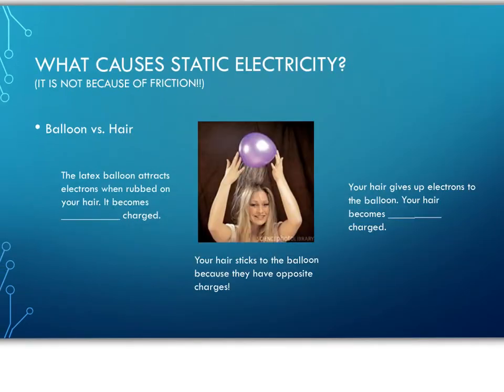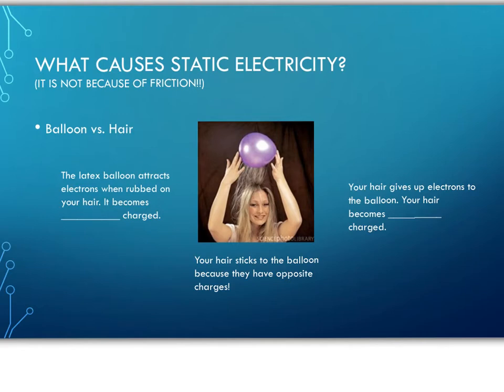Well, what causes static electricity? Before you answer, let me just let you know it's not friction. Sometimes students think that because they see things like rubbing your feet on the carpet or rubbing a balloon against your hair causes static electricity. But that's not always that. It has to do more with the materials involved. Some materials really like electrons, and electrons go to them. Other materials give them up. For example, a balloon that you might rub on your hair attracts electrons to it.